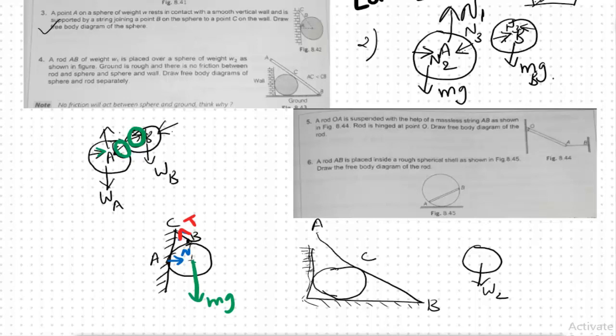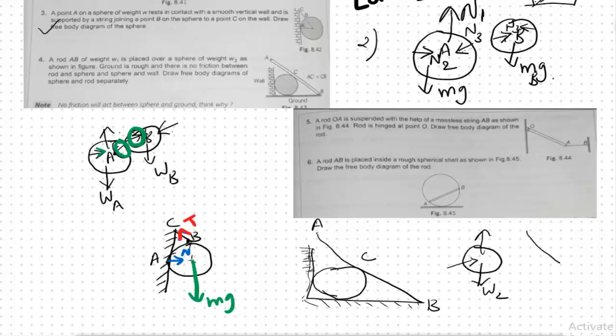There a normal reactional force will be acting from the wall towards the rod. A normal reactional force will be acting from the sphere towards the wall. Now a normal reactional force is acting in the upward direction too.